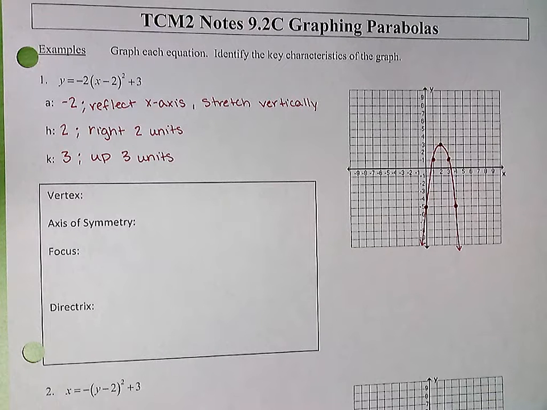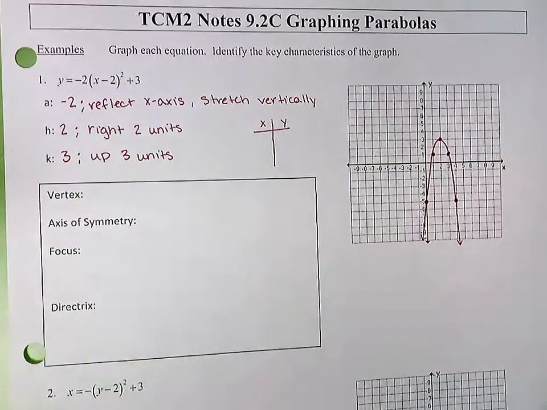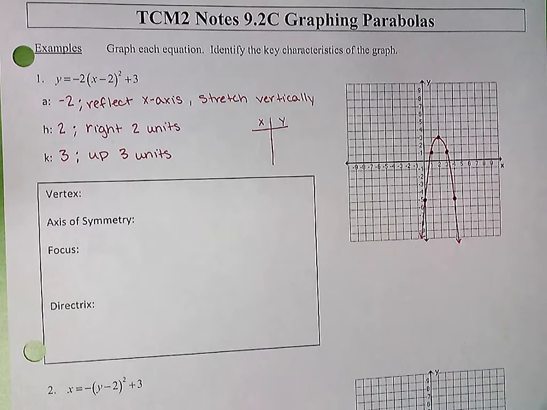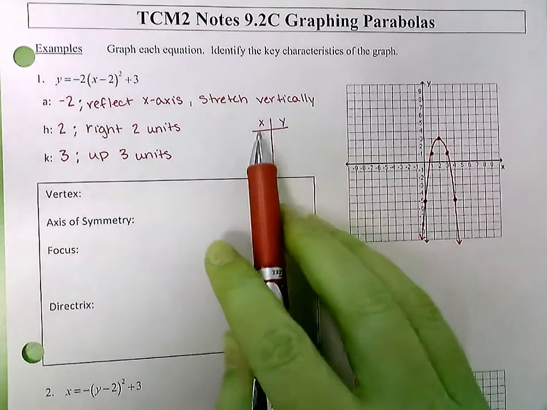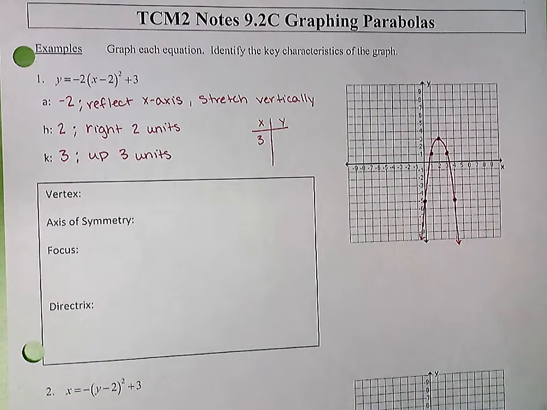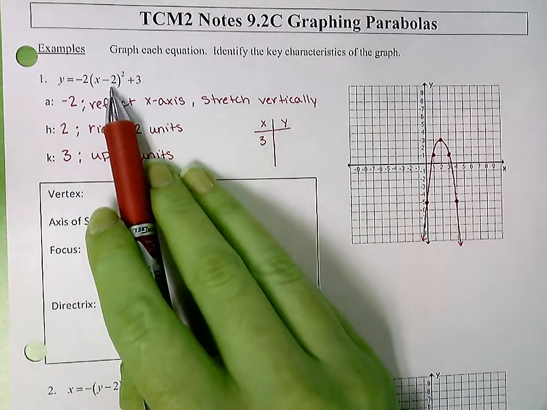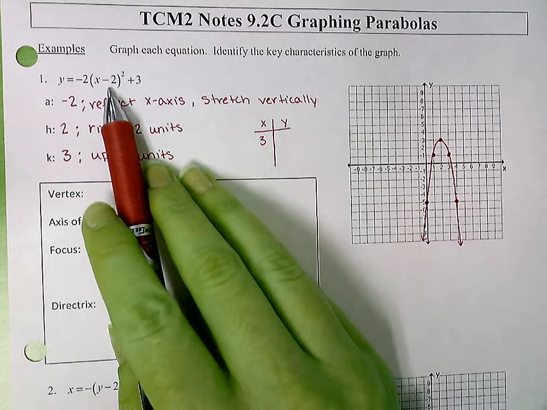Now, if you don't understand how to use A, H, and K just yet, that's okay. You could still plug in points. So if you want to make a T-chart instead, you can do that. So I can pick when x is 3. Okay, so if I plug in 3 for x here in my equation, I have 3 minus 2, which is 1.